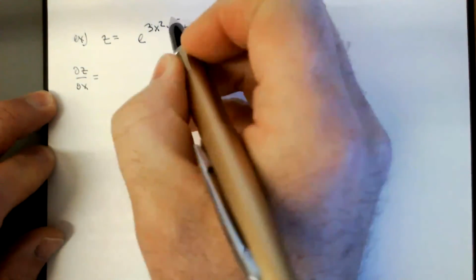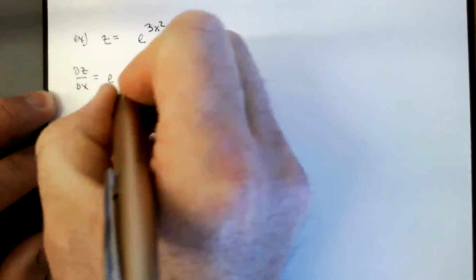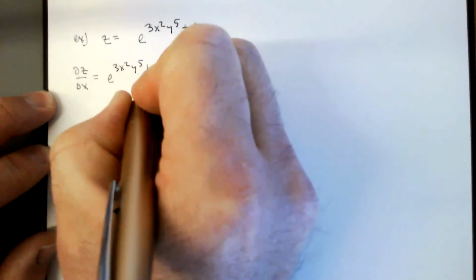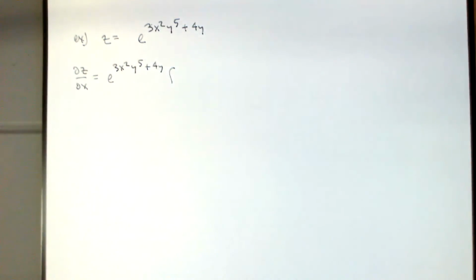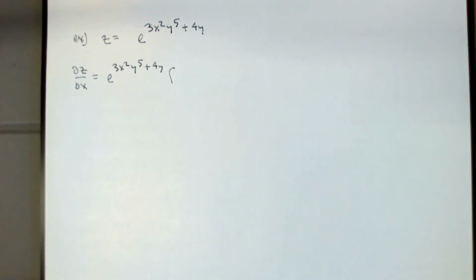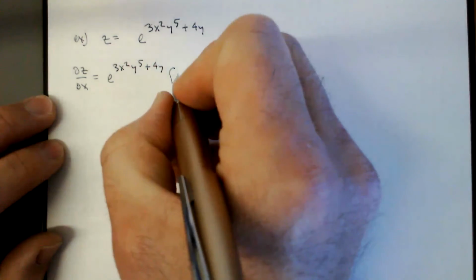So the partial derivative of z with respect to x: the derivative of e to a thing is e to that thing times the derivative of that thing. And like we saw on the previous page, the derivative of 3x squared y to the fifth plus 4y with respect to x is 6x y to the fifth.